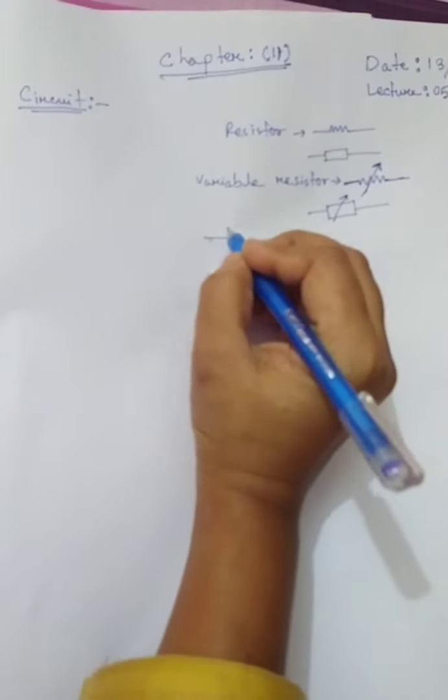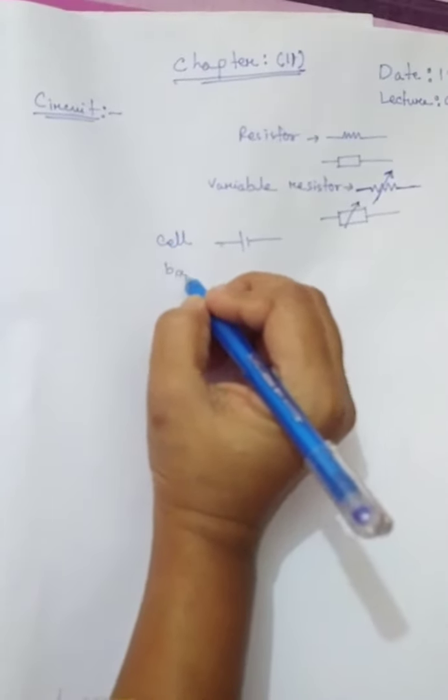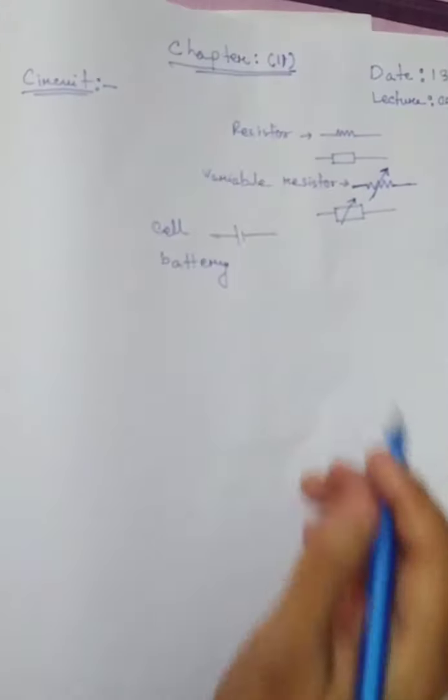In the same way, this is the symbol of a cell, and if we want to talk about a battery, a cell or battery is used as the source of power. We have learned that for a continuous flow of current, we have to ensure a continuous potential difference between two ends.